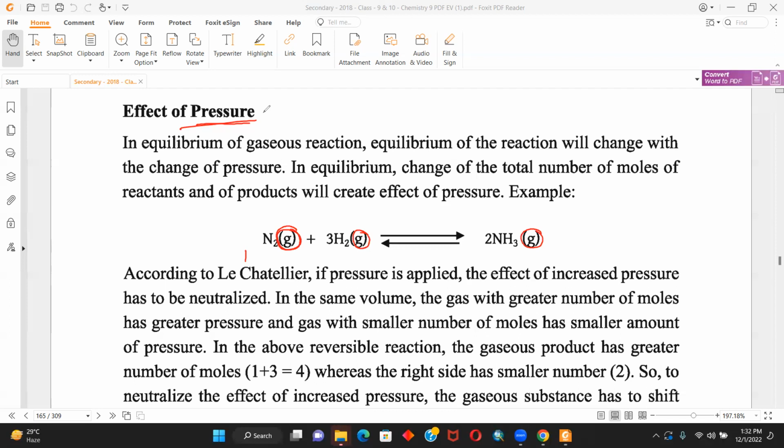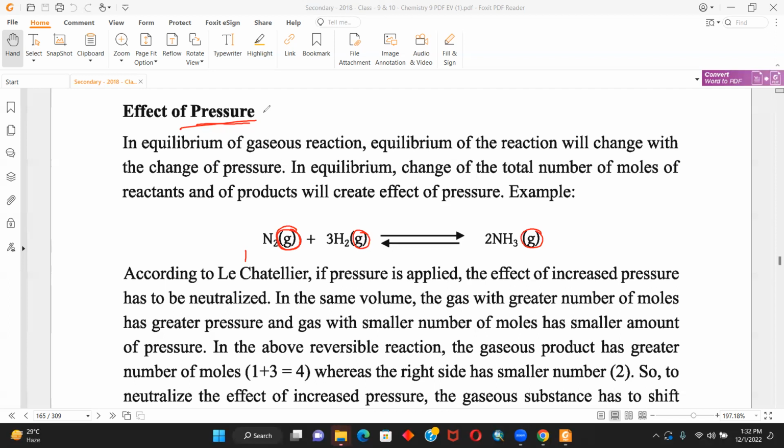Whenever you might have read about materials or elements, you would have read that solids or liquids don't have such properties of pressure. The only elements which have the properties of pressure are the gaseous elements.